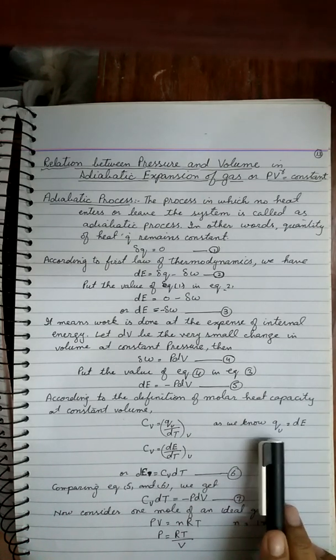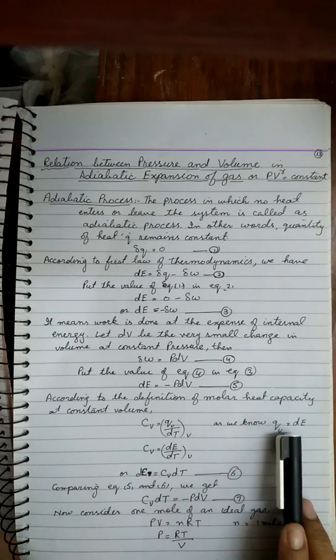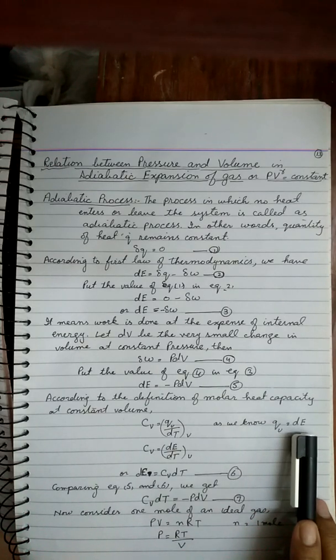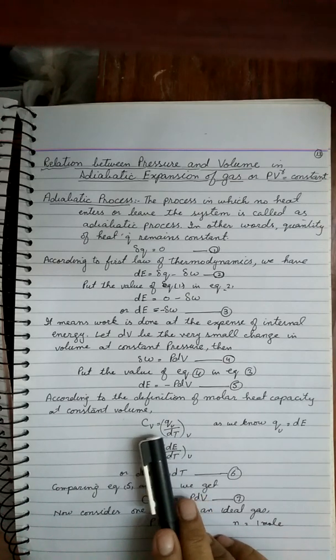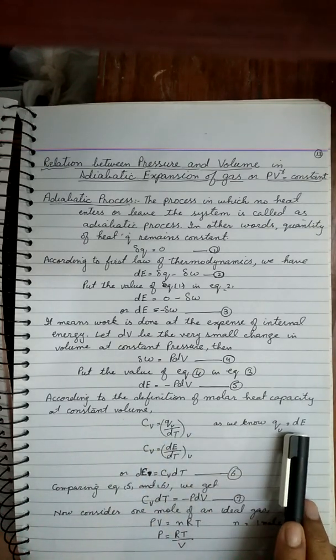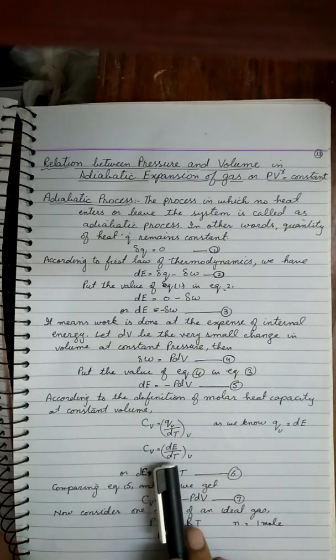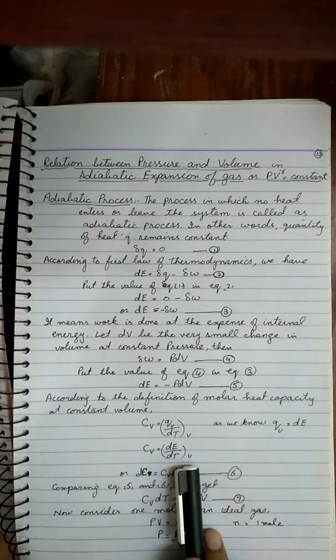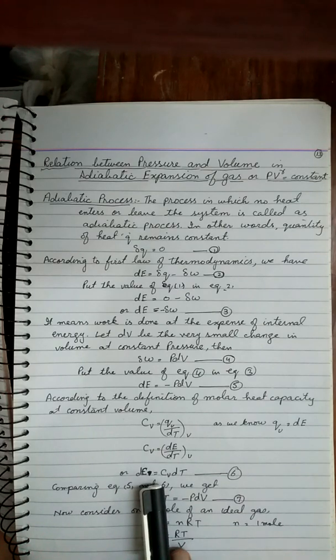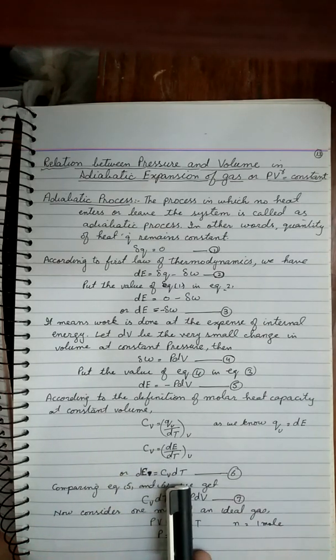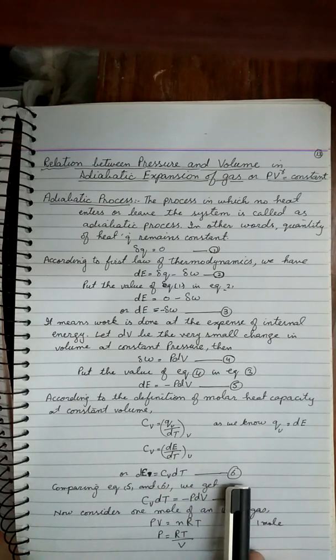It means heat supplied at constant volume is equal to the change in internal energy. So instead of QV, we can write dE. CV is equal to dE by dT at constant volume, or dE is equal to, bringing this dT here, CV dT. This is equation number 6.